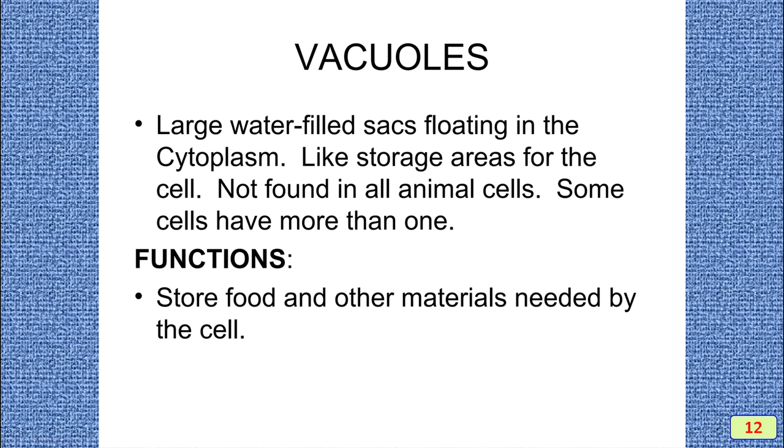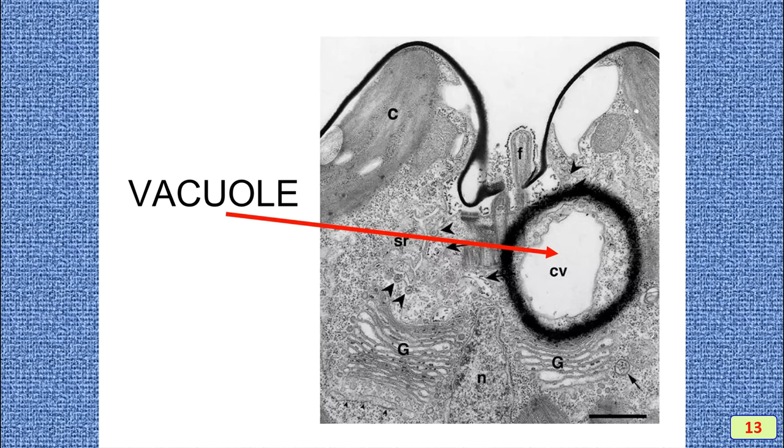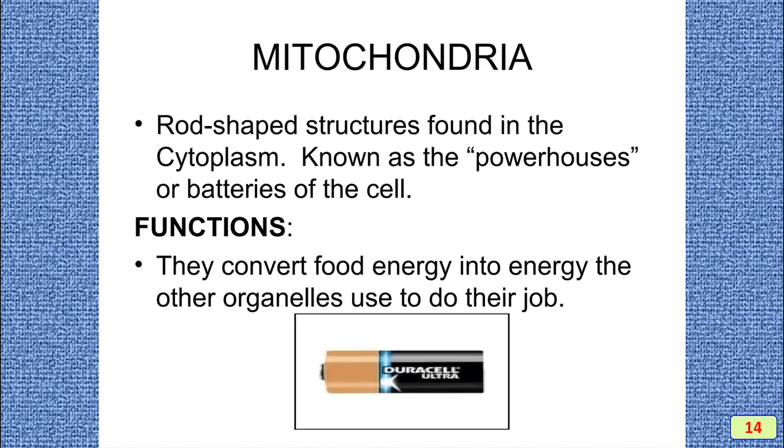They are not found in animal cells, though some cells may have one, and the function of the vacuoles is to store food and other materials needed by the cell in the near future. So it is the storehouse of food. In electron microscopy, we can see the vacuole as a white mass.